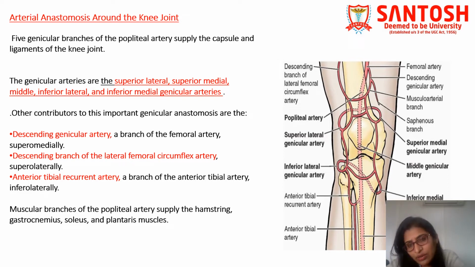So whenever some branches are obstructed, the other branches come into major role and the circulation around the knee joint is maintained, because there are a range of movements around the knee joint, so the arteries may be compressed. So this genicular anastomosis is very important. Now the muscular branches of popliteal artery, they supply the hamstring, gastrocnemius, soleus and the plantaris muscle of the lower limb.